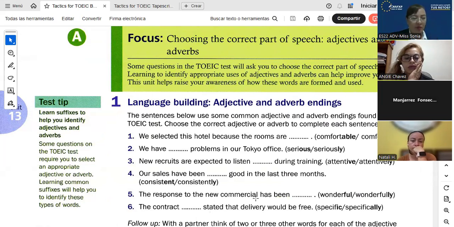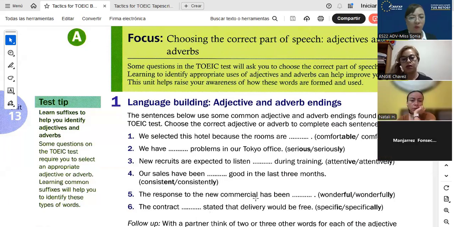The first one is comfortable. The second one? Serious, in our Tokyo office. In the third one? Attentively. Listen attentively, right? During the training.